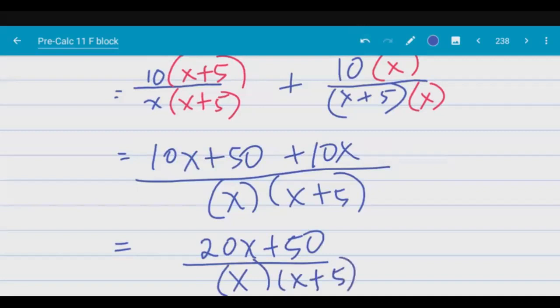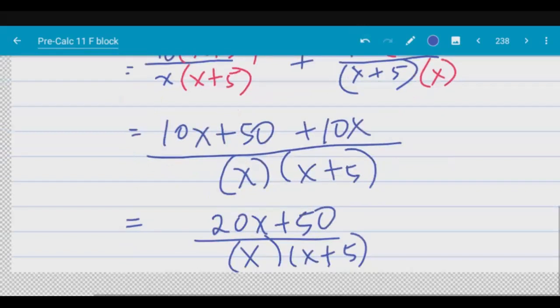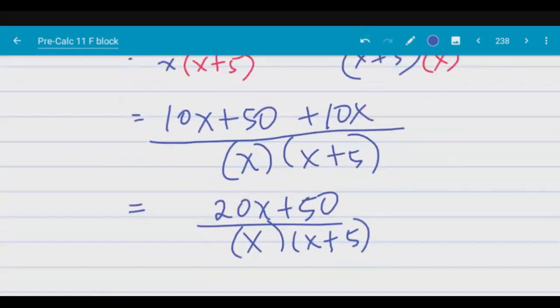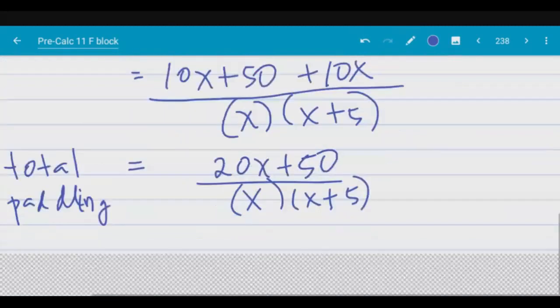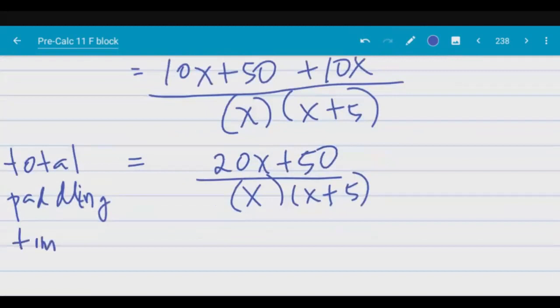So there is your expression, which would represent the total paddling time in hours. And again, x is greater than 0.